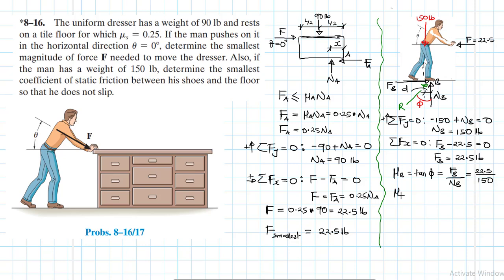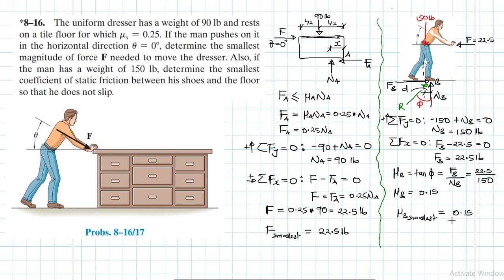Therefore, our mu B, static coefficient of friction, is equal to 22.5 divided by 150. So we get 0.15. Therefore, our mu B smallest is equal to 0.15.